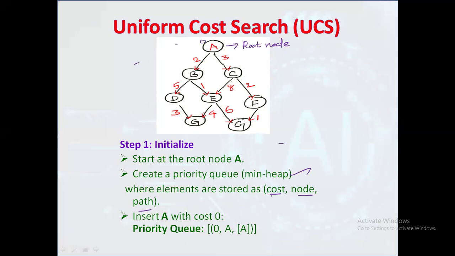We initialize the priority queue with 0, A, A. The 0 represents the cost, A represents the node, and the path is also A. This means the search will start at node A and the path so far is just A.